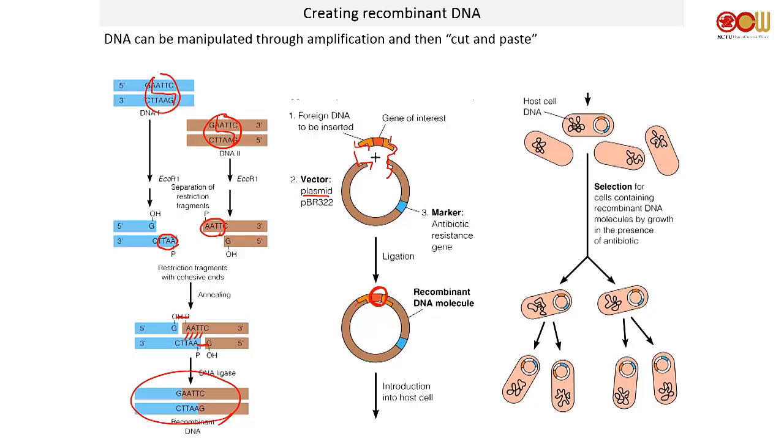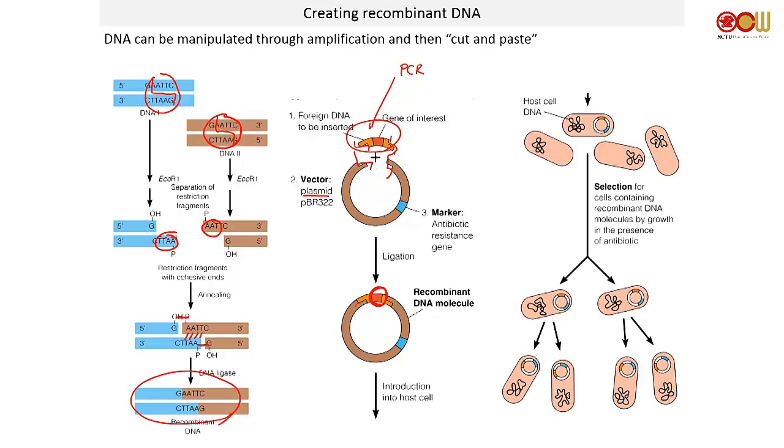Okay? So this is essentially how you create recombinant DNA. First you amplify a fragment from PCR, and then you cut them using the same restriction enzymes such that you create the same sequence in the overhang. Okay?